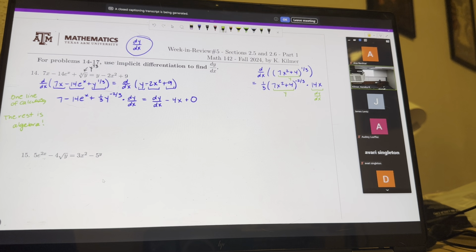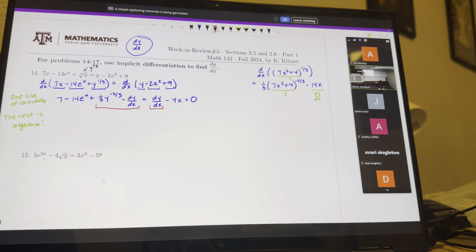Once we do that one line of calculus, we just need to solve for dy/dx. So we look for all the terms that have a dy/dx in them. On the left-hand side, one term has a dy/dx in it. On the right-hand side, one term has a dy/dx in it. So we're going to move everything that has a dy/dx in it to the left-hand side, everything that doesn't to the other side.